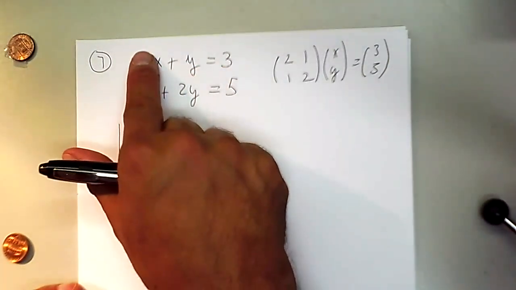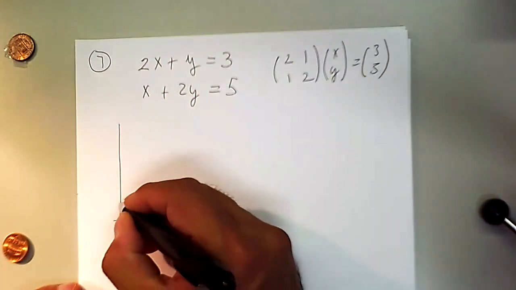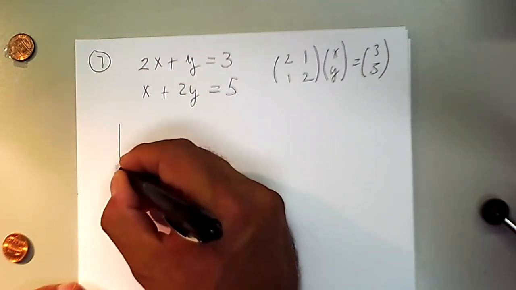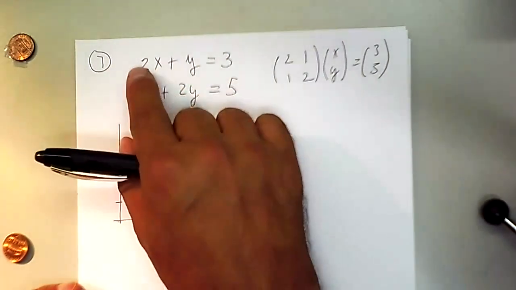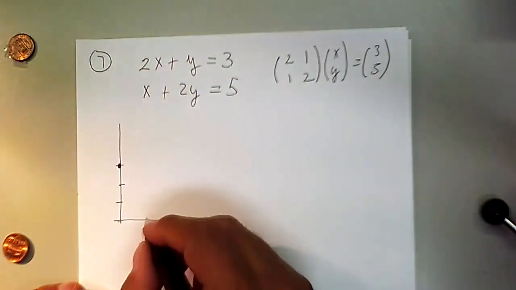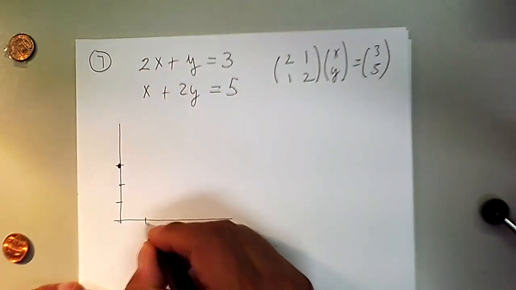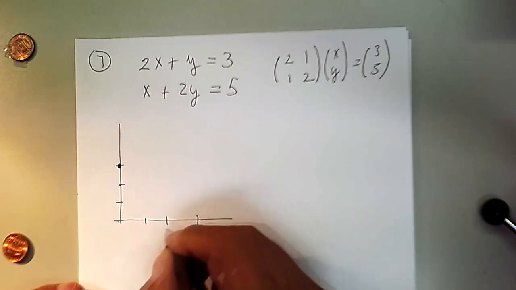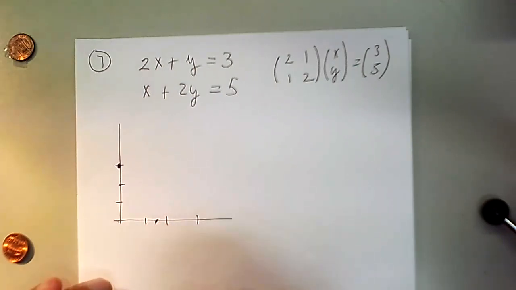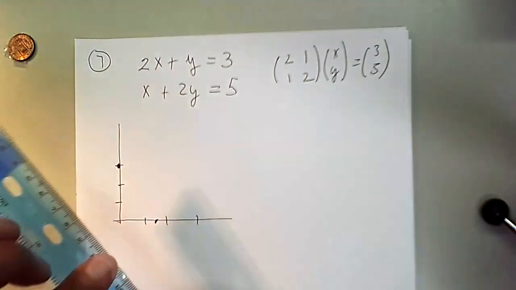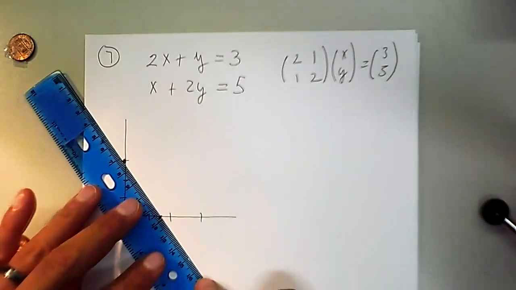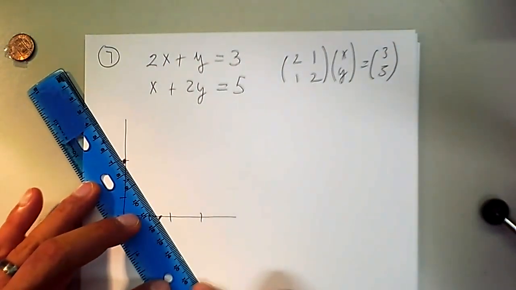So the y-intercept is 3. 1, 2, 3. The x-intercept is going to be 1.5. 1, 2, 3, and we're going to be in the middle. So one of the lines, the first line, is going to be this one.